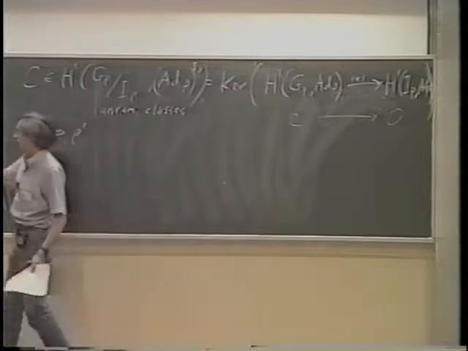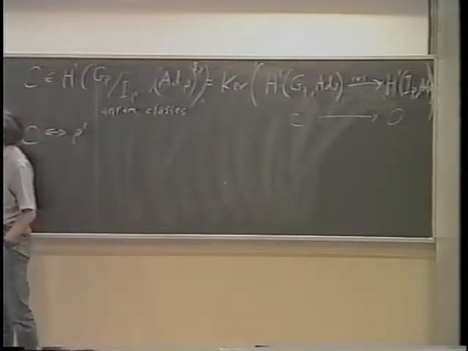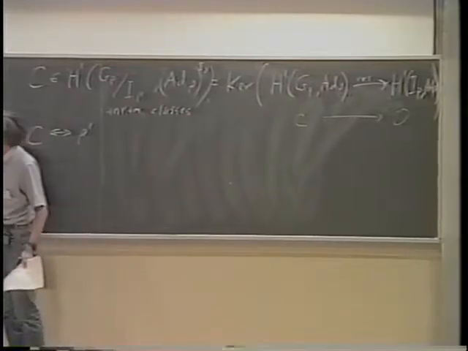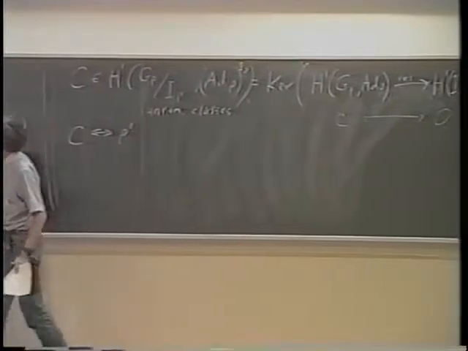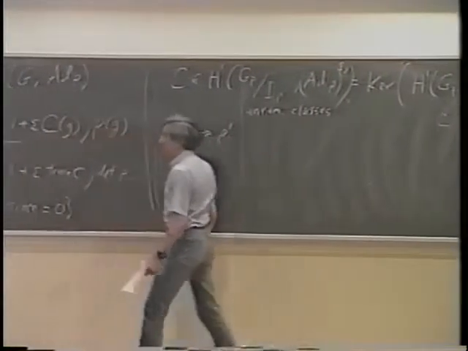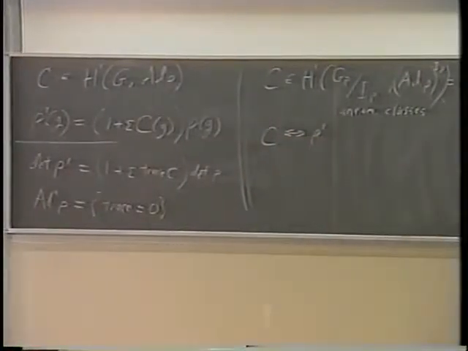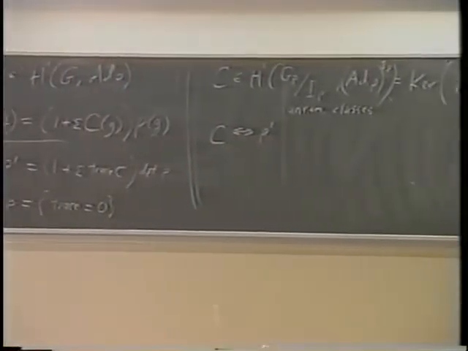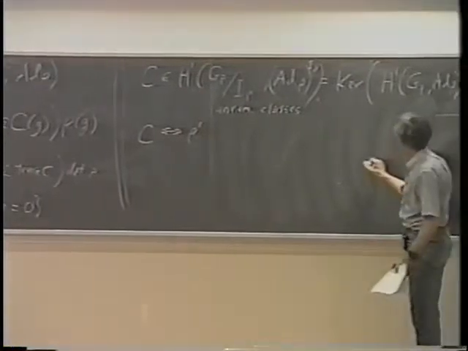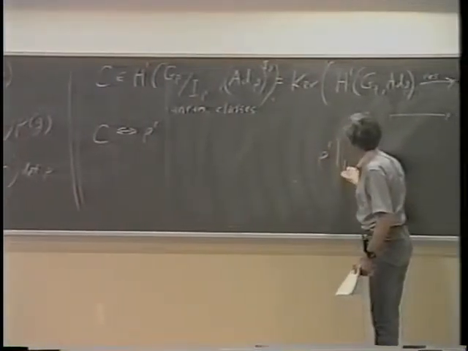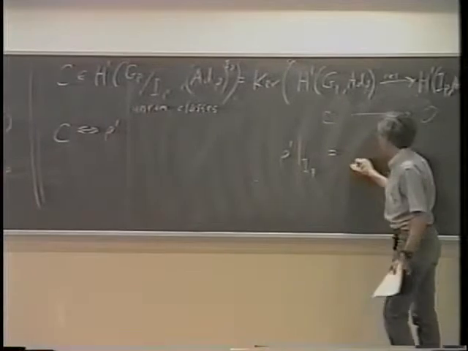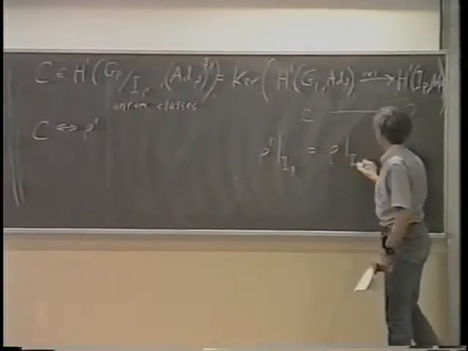It might be a coboundary, but you can always move things around with the right equivalence relations and make C equal 0. It says rho prime of G is rho of G. But it's not on all of GP, it's just on the inertia group. So what this says is that rho prime restricted to the inertia group is rho restricted to the inertia group.